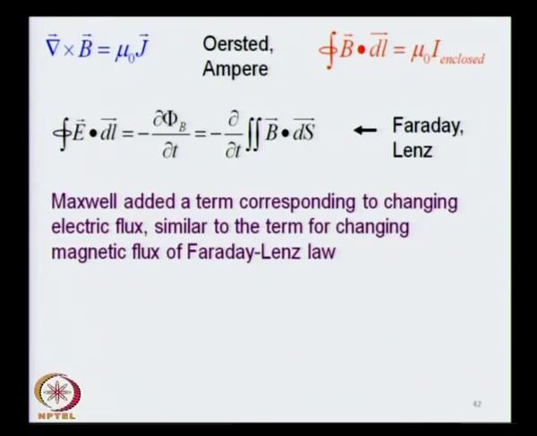What Maxwell did was to add a term corresponding to changing electric flux, whereas over here you have a changing magnetic flux. Nobody had ever considered a term involving changing electric flux. Maxwell did that.